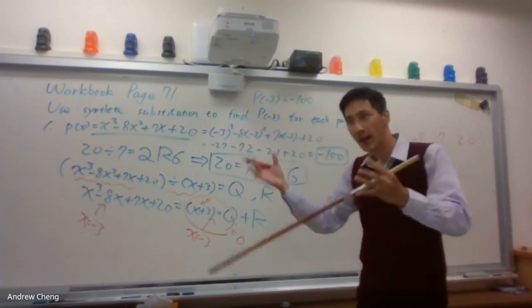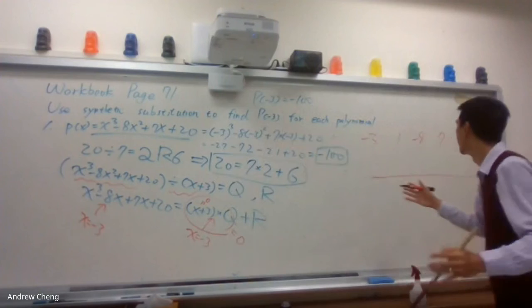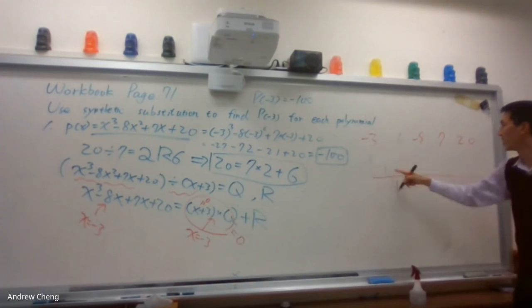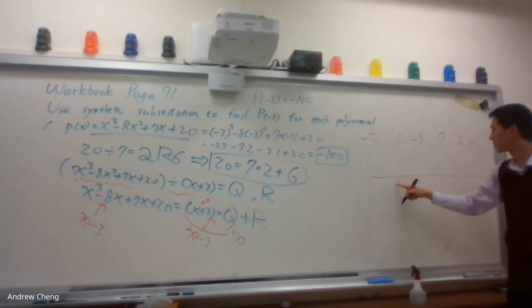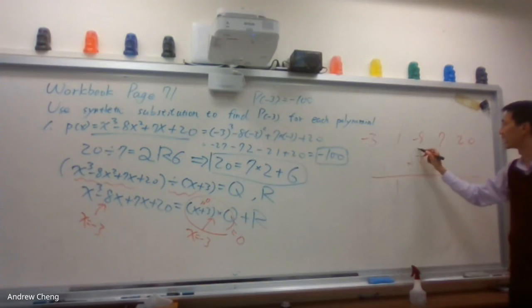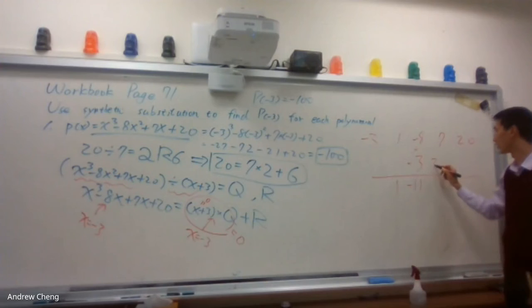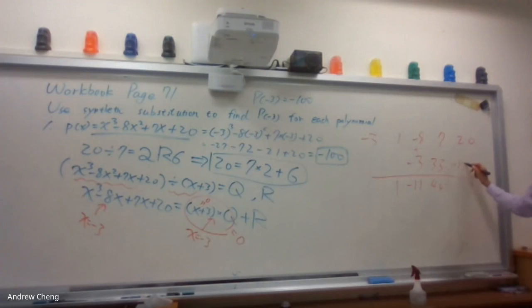Add, multiply, add, multiply, add, multiply, add. So put a 1 here, multiply, -3 times 1 is -3, and add: -11. Then -11 times -3 is 33, plus 7 is 40, times -3 is -120, plus 20 is -100.